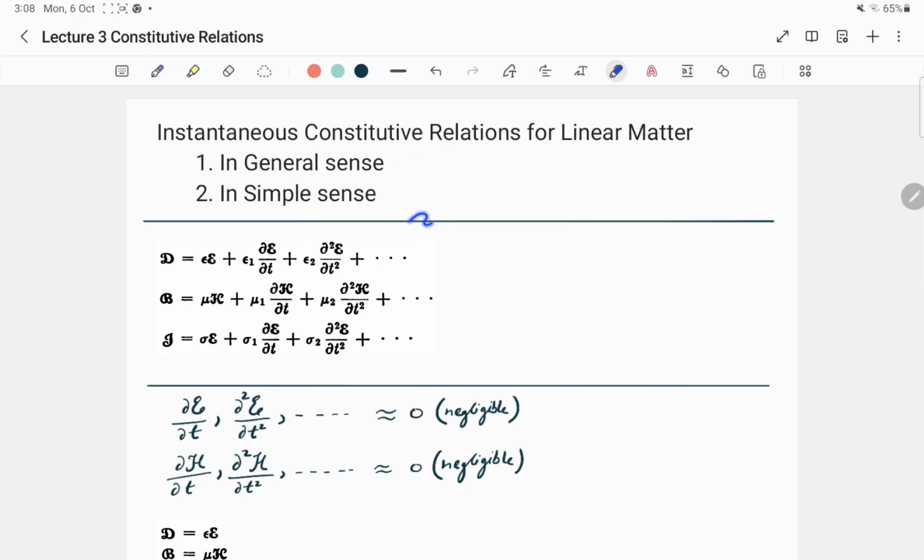Now we have already seen that in a general sense the constitutive relationship looks something like this, where D is the field quantity and epsilon is the material property.